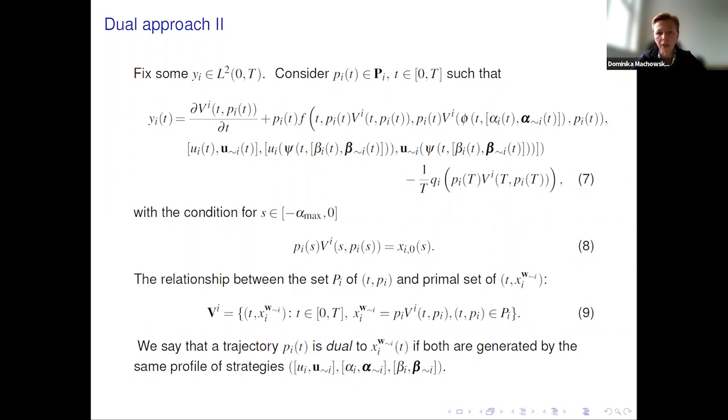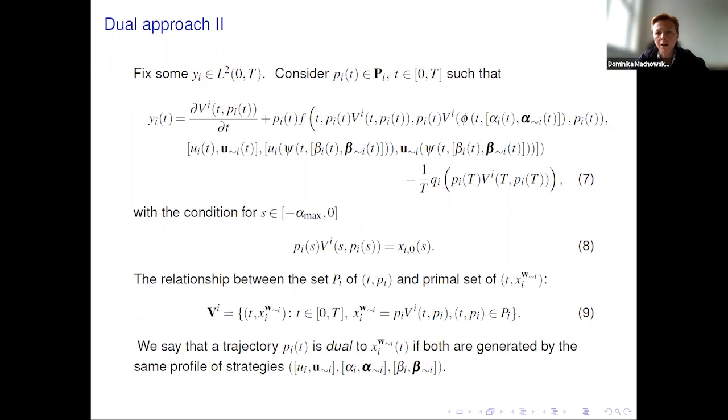Next, we define the relationship between the primal game and the dual trajectories, and the relationship is described in the set in line number 9.